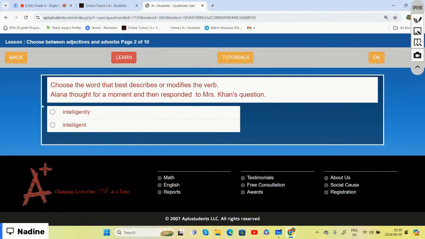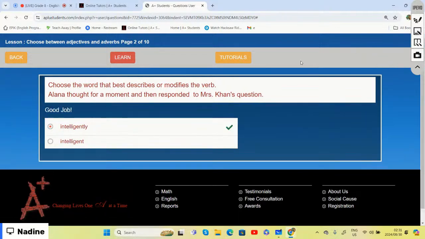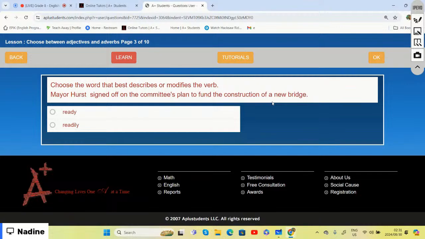And if we were to choose the correct answer, we will say that Elena thought for a moment and then responded intelligently to Mrs. Khan's question. And that is an adverb.